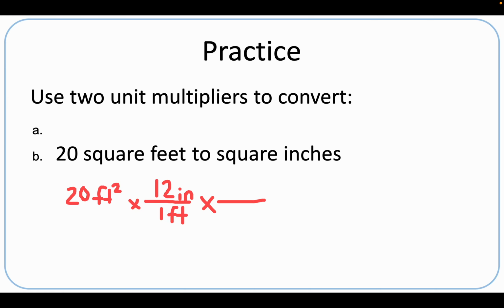And then our second 1 foot is 12 inches. Our square feet will cancel out. And then we have 20 times 12 times 12, which equals 2,880. And again, our units, inches times inches, so square inches.